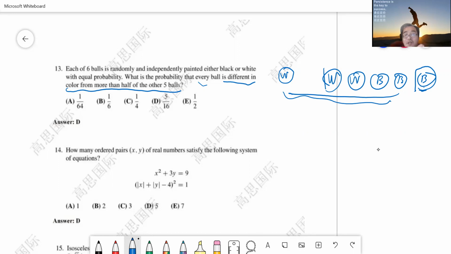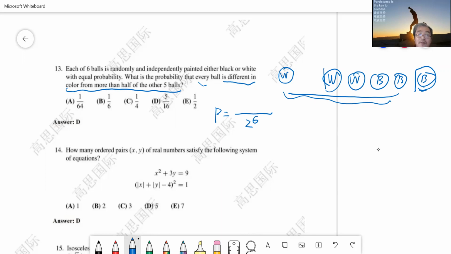Okay, once you see this, the probability is so easy, right? Because the probability is equal to the number of successes over the number of total possibilities. Because we have 6 balls, and each ball has 2 options, black or white, the total is going to be 2 to the power 6 different ways.